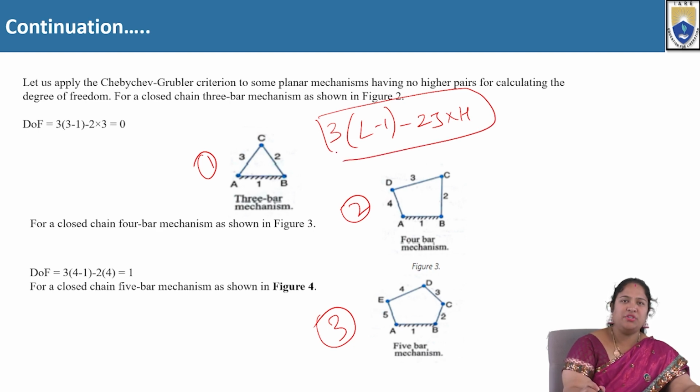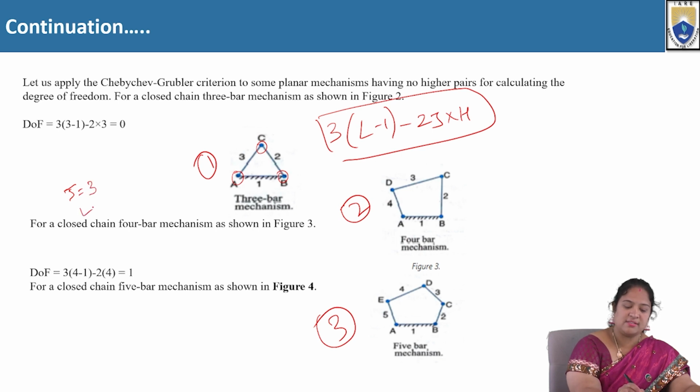So substituting the values in this formula, what are we getting? 3 into how many links do we have? 1, 2, 3. How many joints are we having? We have j equal to 3.